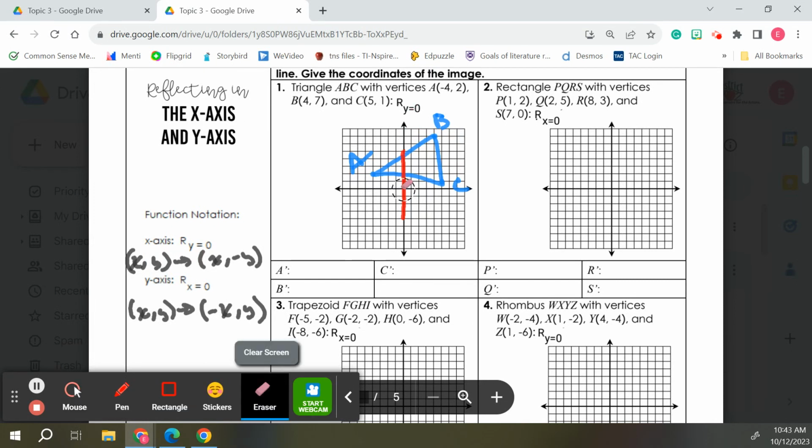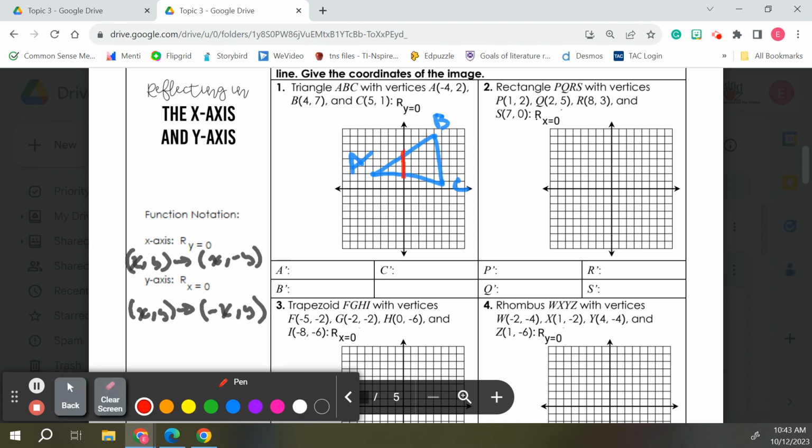Sorry. Y equals 0 is right here, and this is our x-axis. So when they're asking us to do a reflection over this, there's an actual rule for this. If we look right here, I wrote it down. The point (x, y) is basically getting a negative y in the end.